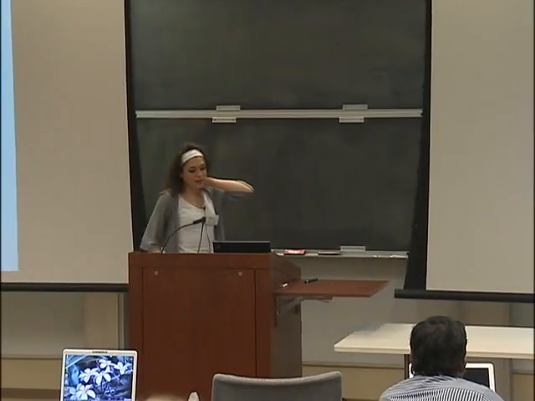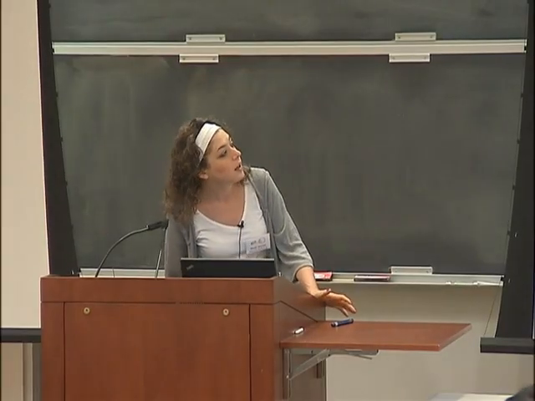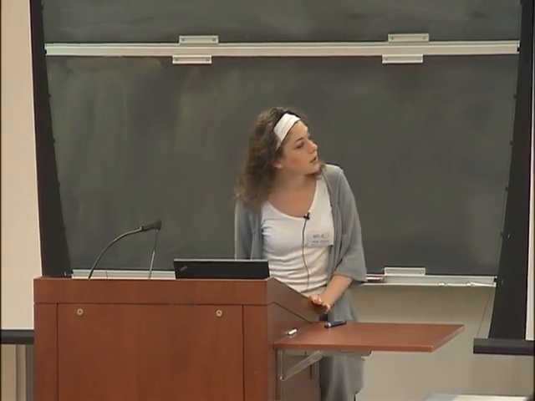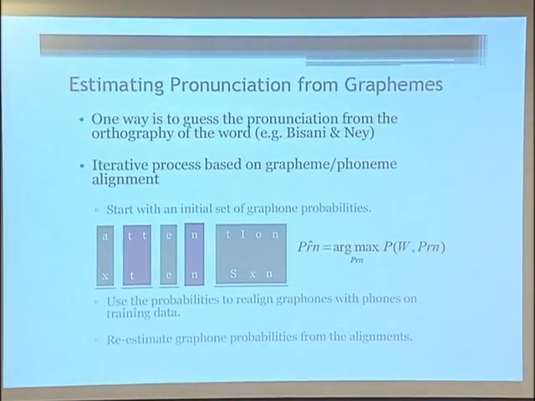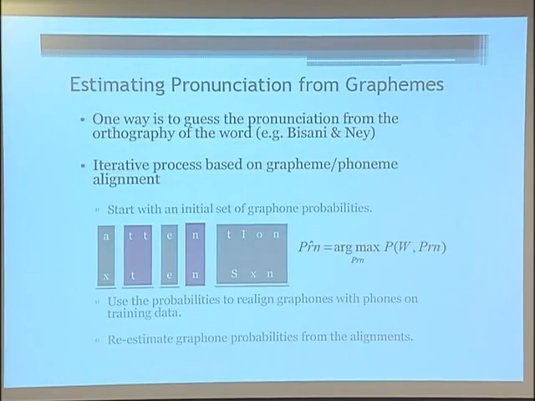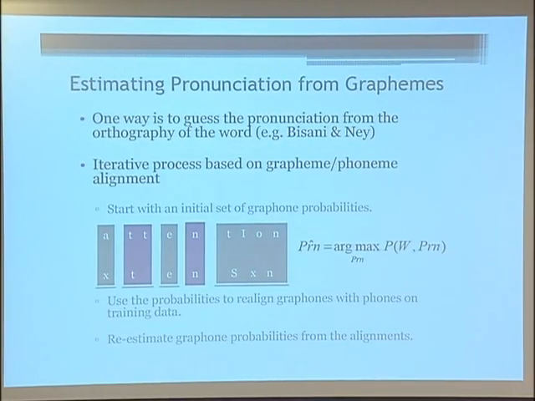So we have this iterative process for training these lexicons. We first start with an initial set of graphone probabilities, and then we use these probabilities to realign graphones with phones on the training data. We have orders for each model; for instance, this is up to the 4th model, because we have the mapping of 4 graphemes to a number of phonemes.